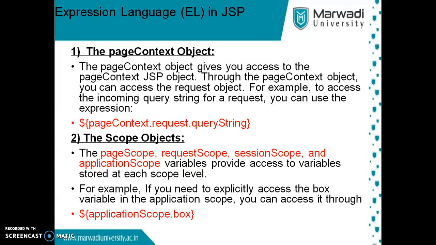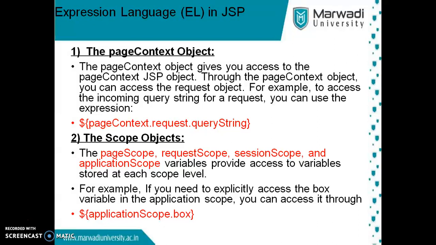The pageContext object will give you access to the page context JSP object. Through the pageContext object, you can access a request scope object, session scope, page scope, or application scope. So you can simply write dollar, in the curly braces, pageContext dot the name of the scope, that is request, session, application, or page dot query string.